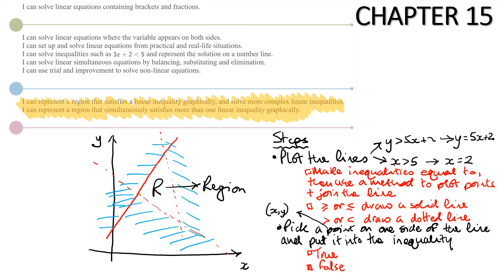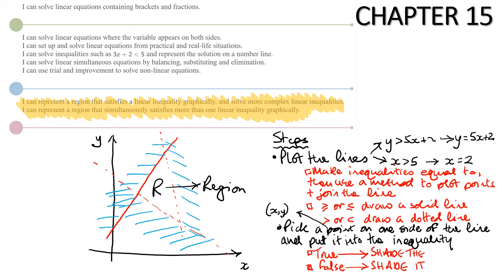Now, to make things easy, when we get a statement which is false, we shade it. If we get a statement which is true, we basically shade the other side of the line.